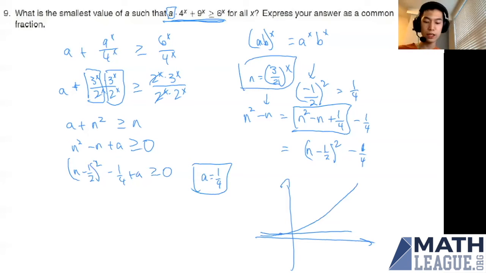So we know this will be equal to 0 at some n, at some x. And so if this is equal to 0, then we need this to be at least 0 as well. So we have to pick something greater than or equal to 1/4. So we know that A has to be greater than or equal to 1/4. We know A equals 1/4 works. So we know that this is the minimum possible A.